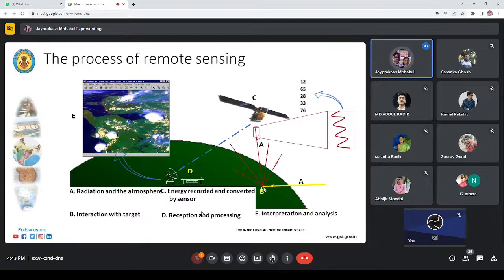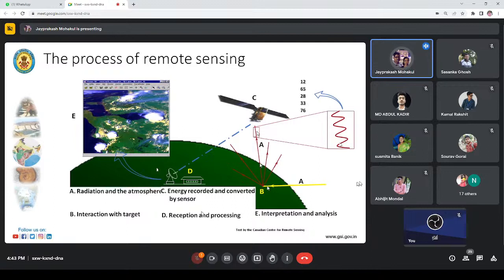What it does is it takes the energy and creates an electrical impulse. This energy level that goes is basically electromagnetic radiation, no? It creates an electrical impulse, right? And that is converted into a digital number in different bands. There are two ways.